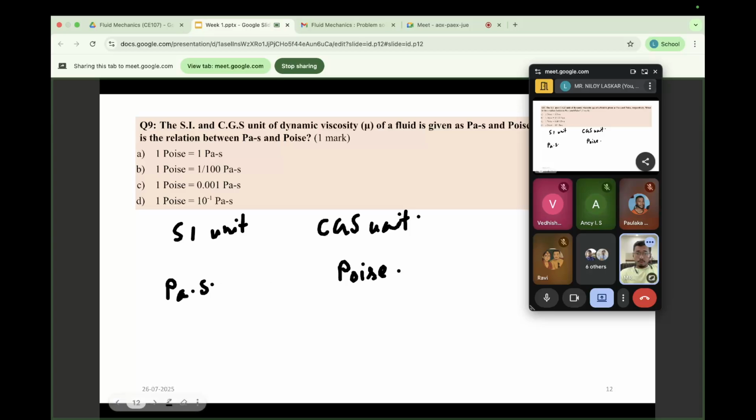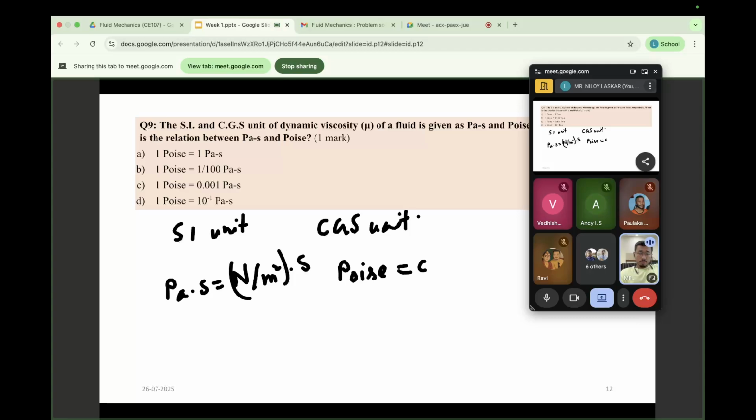Pascal means Newton. What I am writing is not necessary, but a question may come, like in the previous one, to convert this poise into Pascal second or Newton per meter square second. That type of question can also be asked, so that's why I am elaborating this thing.